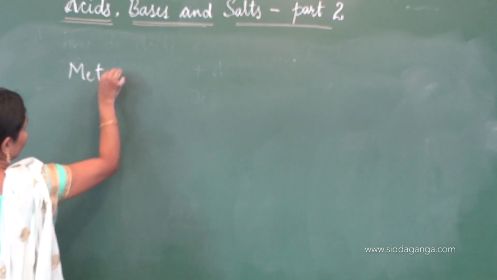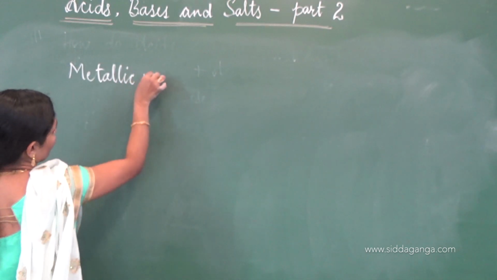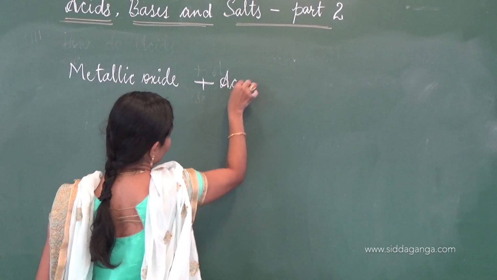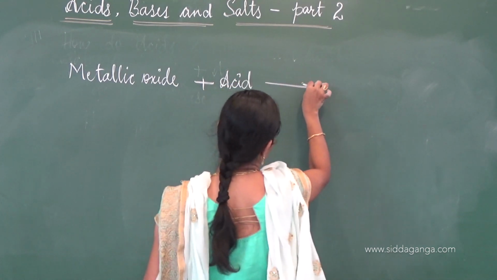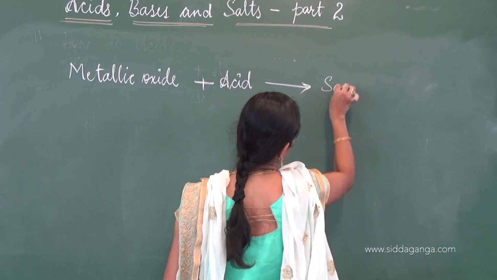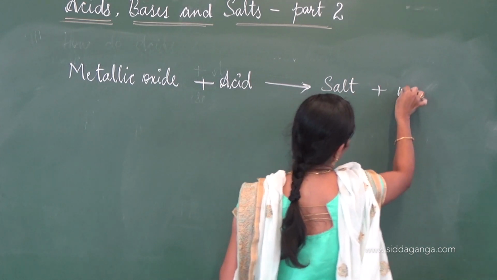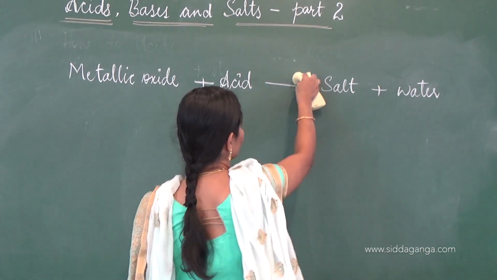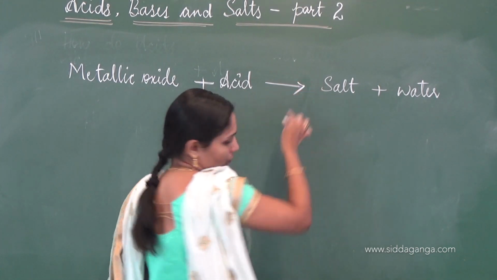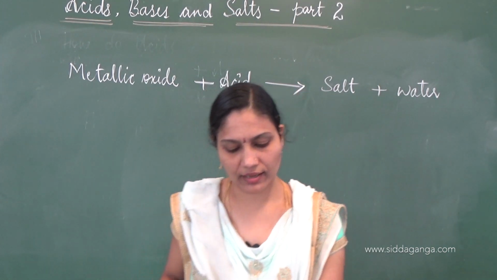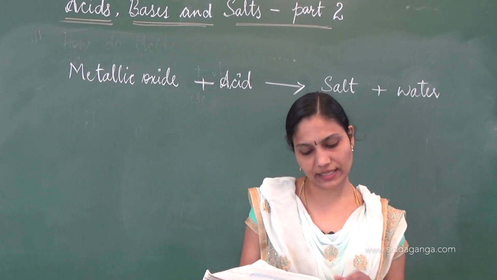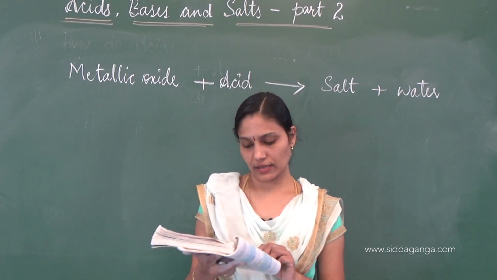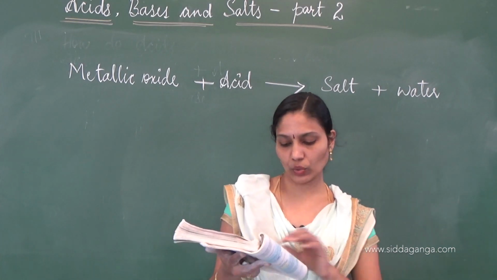Metal oxide, upon reaction with the acids, gives rise to salt and water. We'll write down few examples, and here is an activity mentioned, and in this activity we are supposed to take some amount of copper oxide and add dilute hydrochloric acid slowly to that.